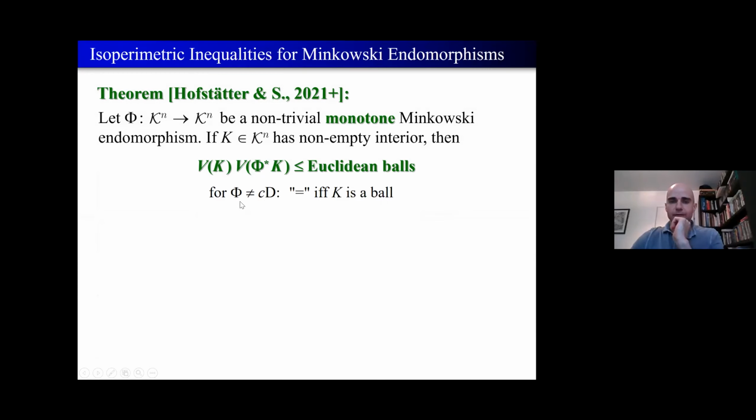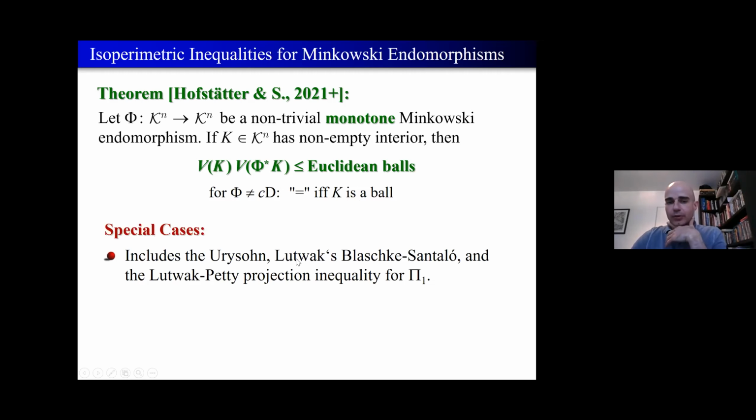And if the map is not a multiple of the difference body map, then equality holds if and only if K is a ball. For the multiples of the difference body, of course, you have equality if and only if K is an ellipsoid. But we have already seen D is special here. It is the only one compatible with general linear transformations.